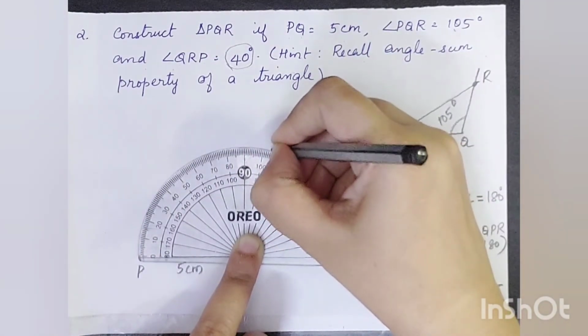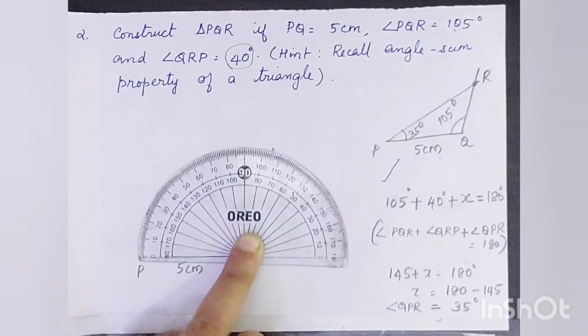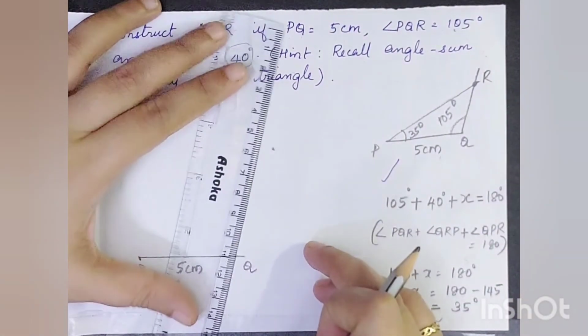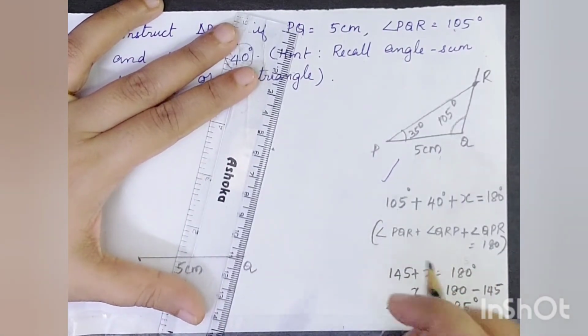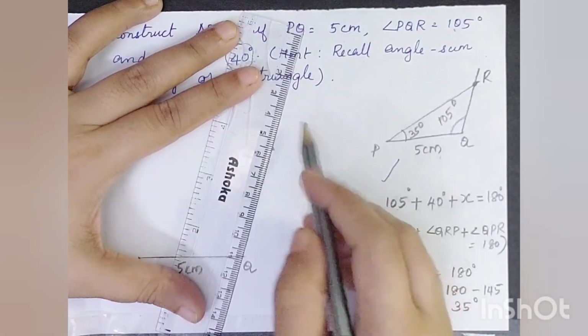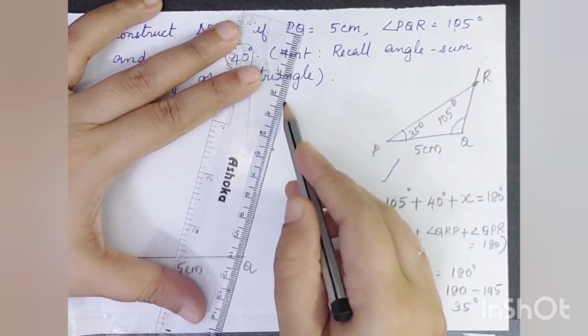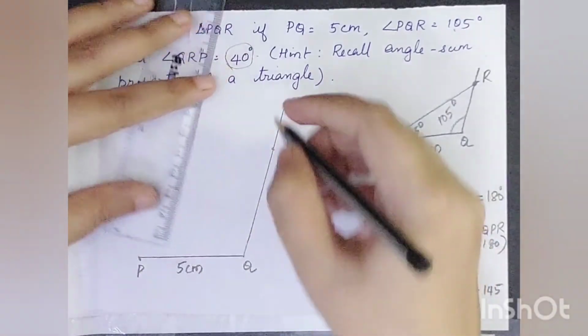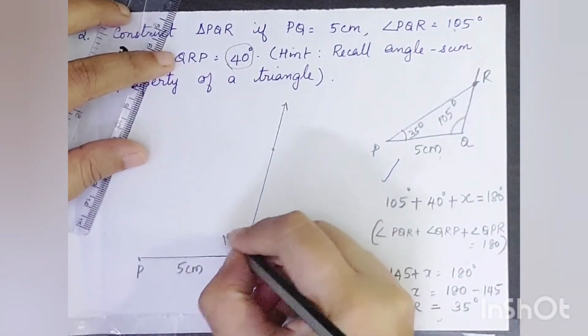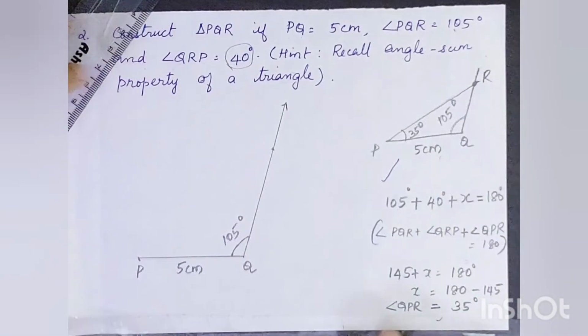So this is our 105. Okay. So this Q and this point we have to join. Okay. So this is our 105 degrees.